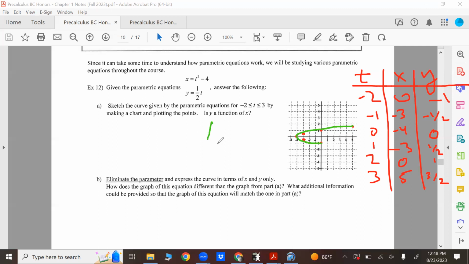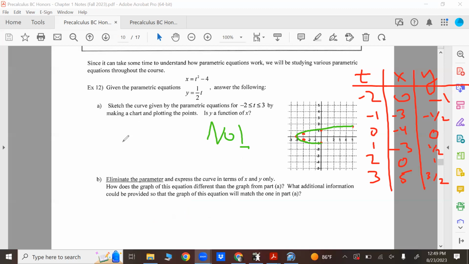So is y a function of x? No, obviously it's not. Now, I expect this equation to be something kind of like x equals y squared. And actually, personally, I know it's going to be. I think that's going to be the equation. I'm not 100% sure, but we're going to prove it. How do I do it?